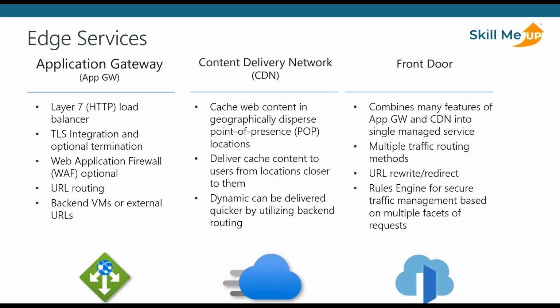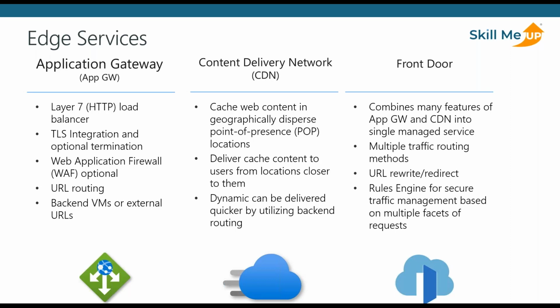It can provide essential HTTP network security on your systems. It can be backended either by virtual machines or a URL address. It can even be an external URL. It doesn't even have to be something on Azure. But the app gateway is basically doing HTTP load balancing and routing based on the URLs.